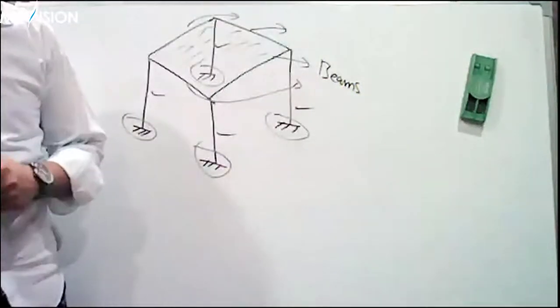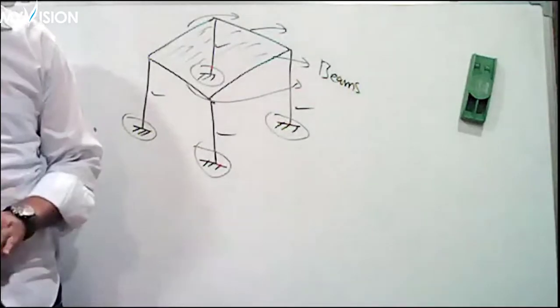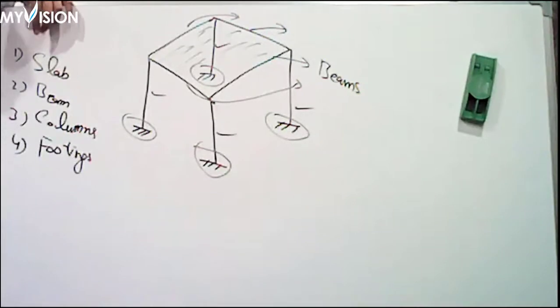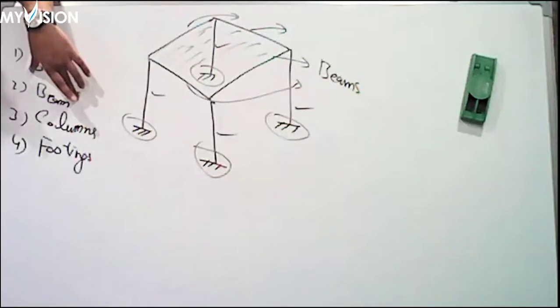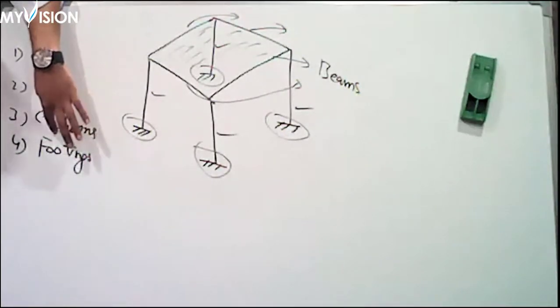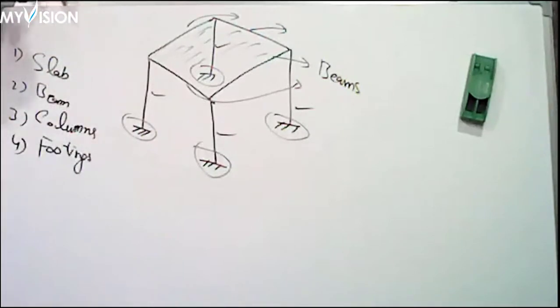Listen, when you are designing any project, your design will start from the top. First you need to design the slab, then you have to design the beam, then the columns, and then the footing. Your loads will be transferred step by step.